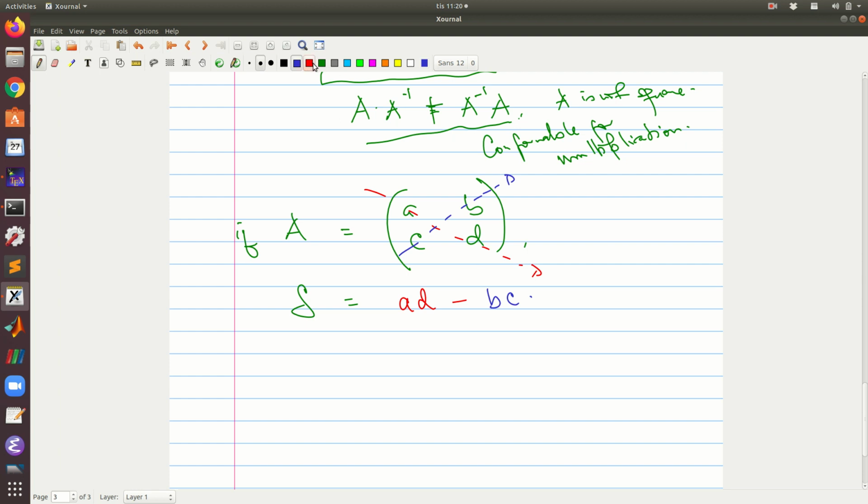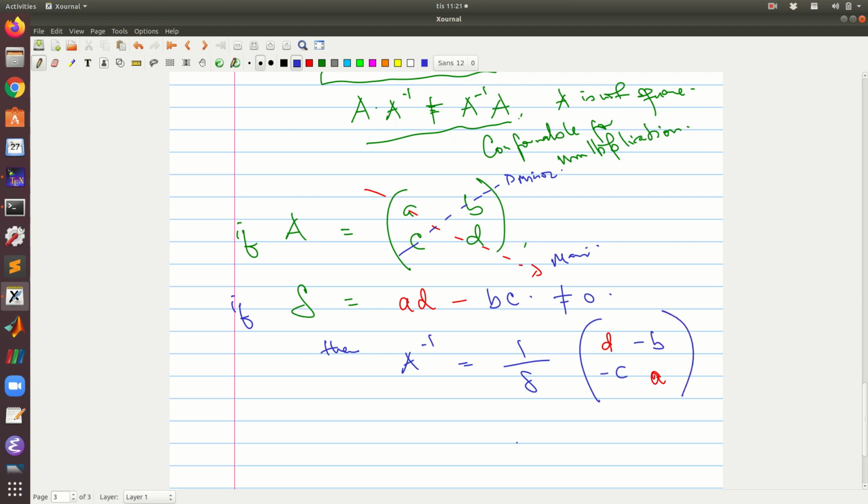And if this is non-zero, i.e. delta is not equal to 0, where delta is the product of the entries on the main diagonal minus the product on the minor diagonal, then A inverse is simply given by 1 over delta, times the matrix in which the entries on the main diagonal are interchanged, and the entries on the minor diagonal change signs. So the ones on the main diagonal switch positions, and the ones on the minor diagonal change signs.